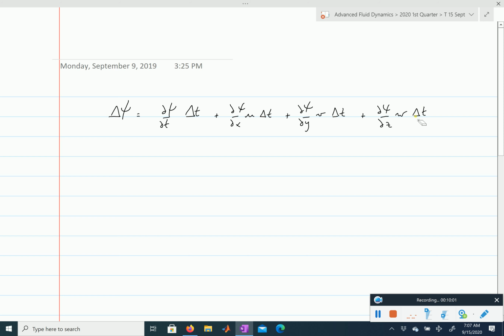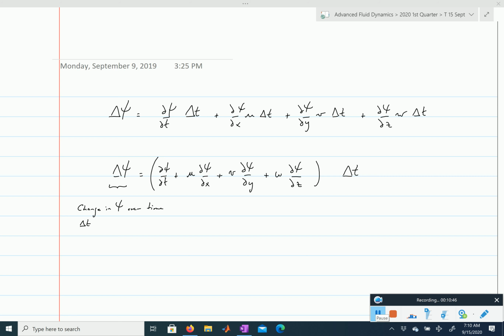So we can factorize this delta t and write now that delta psi only depends on delta t. So we get delta psi equals delta t times, partial psi partial t plus u partial psi partial x plus v partial psi partial y plus w partial psi partial z. So here this delta psi represents the change in psi over time delta t when we follow the material element.